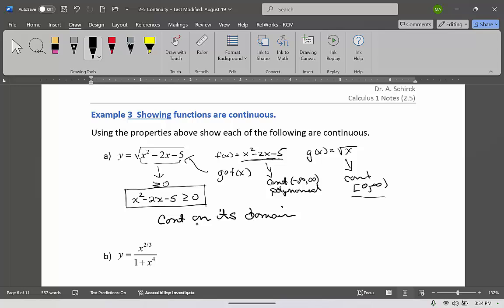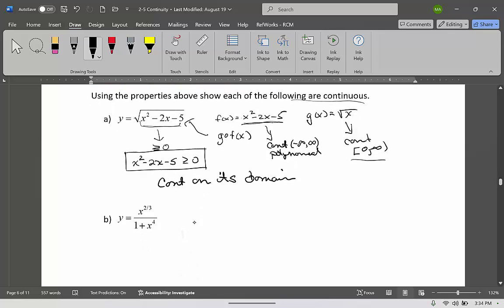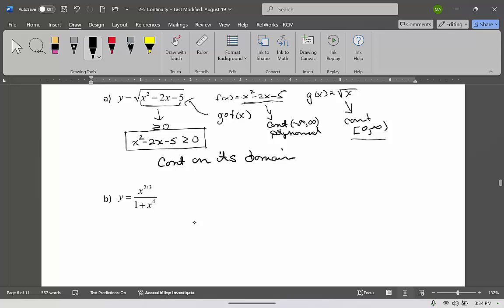But basically, we just want to show that it's a continuous function. And so, since it's the composite of two continuous functions, then it should be continuous on its entire domain, okay? And similarly here, we have x to the 2/3 is basically the cubed root of x squared.